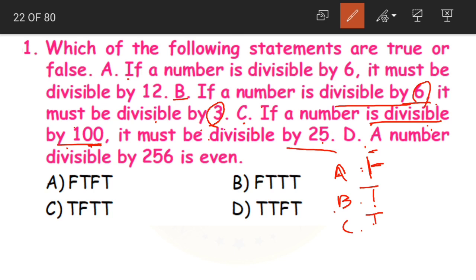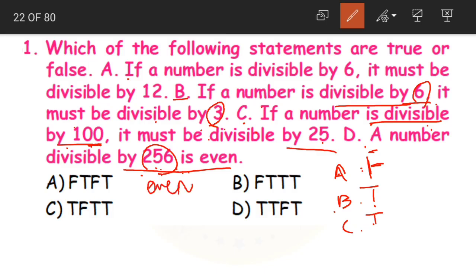Next, question D. A number divisible by 256 is even. Now see, the numbers divisible by 256 are even numbers.